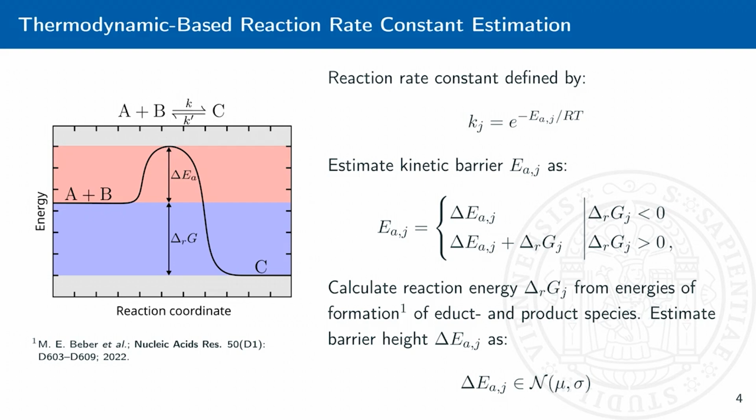For this project, we chose eQuilibrator, but any other tool can be used. Delta E, on the other hand, has to be estimated, but for simplicity, we randomized it by drawing the values from a normal distribution whose mean and variance was varied.